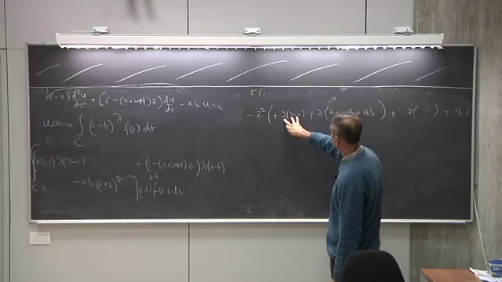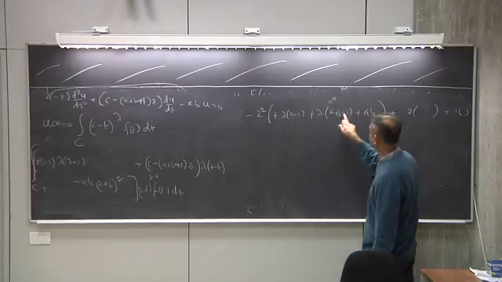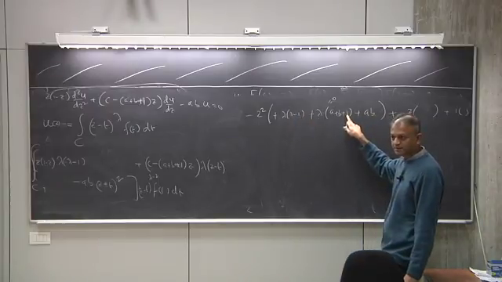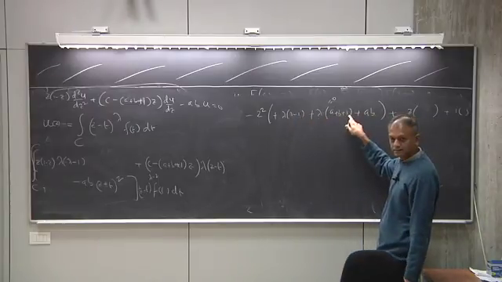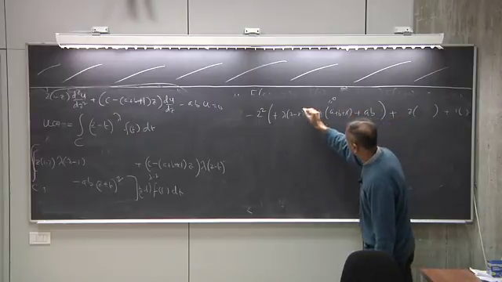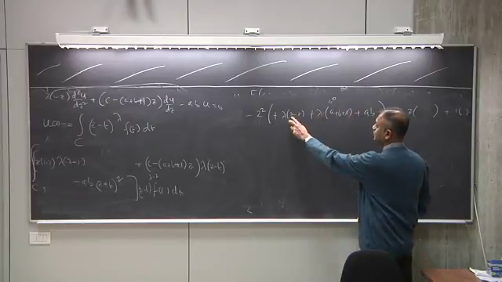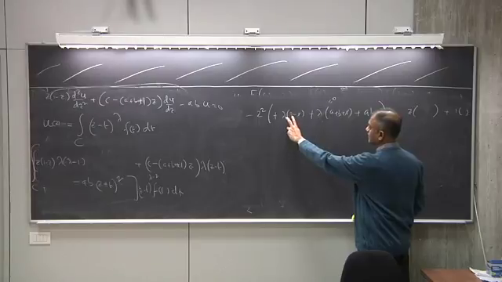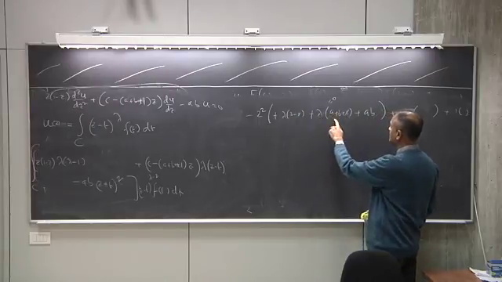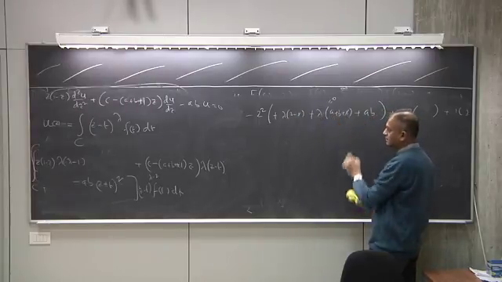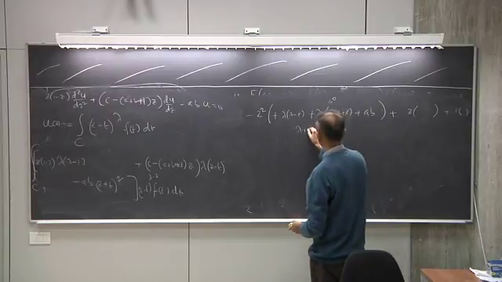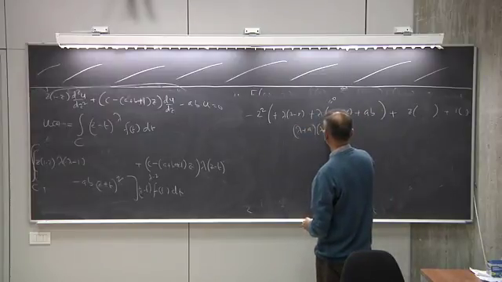Okay, so you get lambda square minus lambda, but that minus lambda will cancel with this plus lambda here. And then you just have a simple quadratic polynomial, lambda square plus lambda times a plus b plus ab, which is the same as lambda plus a times lambda plus b.